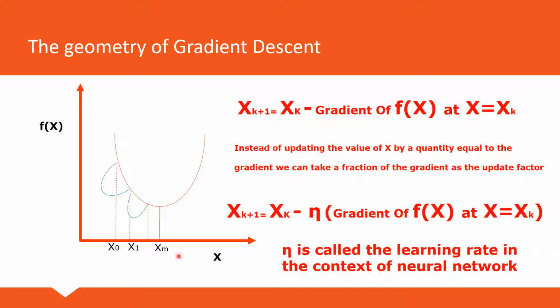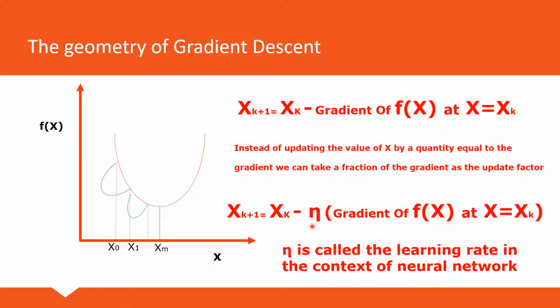That is why when we are updating the x values at every iteration, instead of taking the gradient of fx, we actually take some small fraction of the gradient of fx. So this value eta is often called the learning rate in the context of neural networks, and we can make a choice of this, typically between 0 and 1.